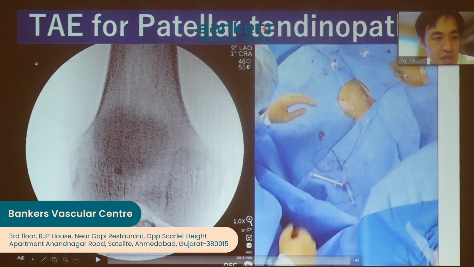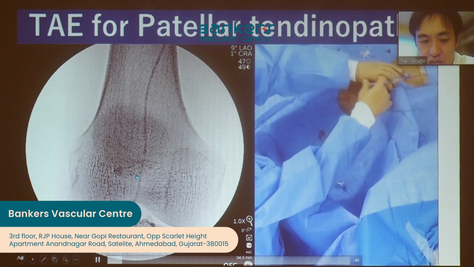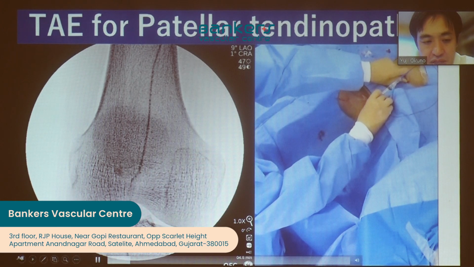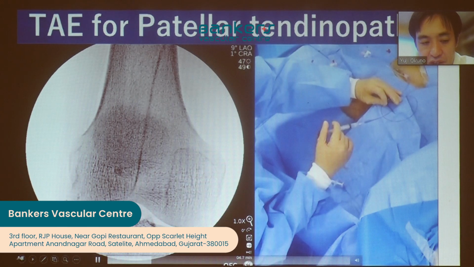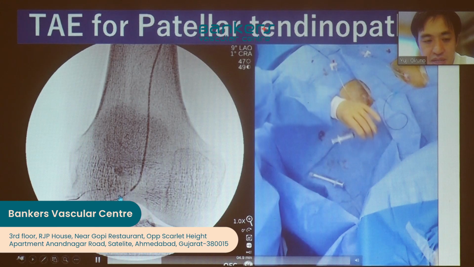I'm not sure you can see this, but this is a movie during the procedure. The catheter is inserted from the groin, and the microcatheter is inserted into the inferior lateral genicular artery, like this.